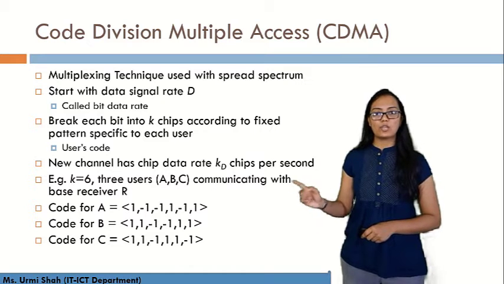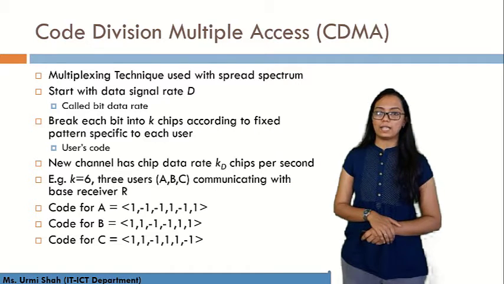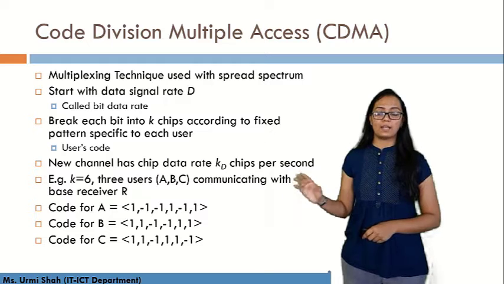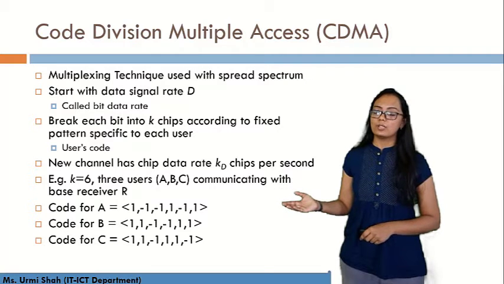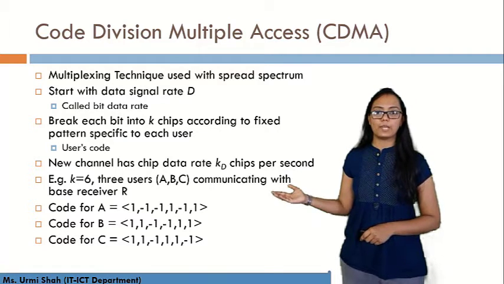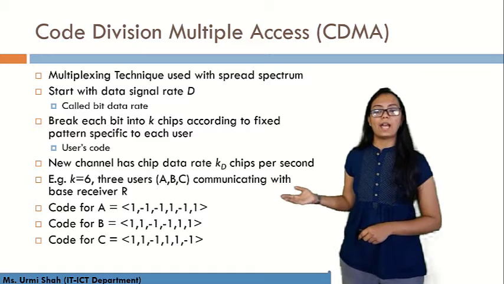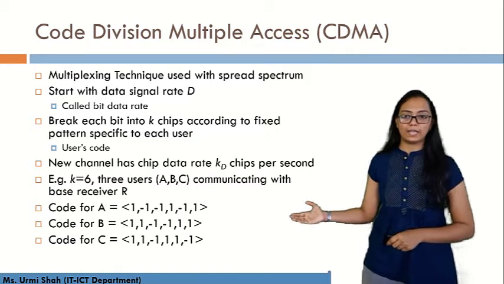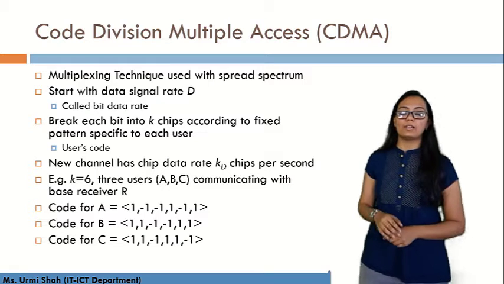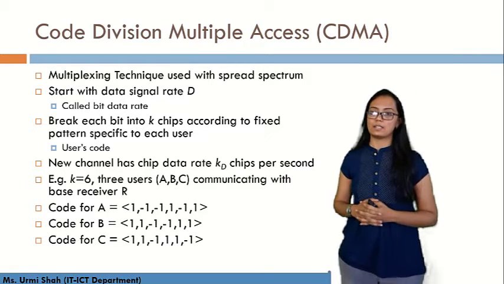Here the user's code will be allotted to some specific bit code. The new channel has a chip data rate of kD chips per second, where k can be any integer value. It is 6, for example. So 3 users communicating with base receiver R will have 6 code values. Codes for A, B and C will be in the form of 6 data signals.